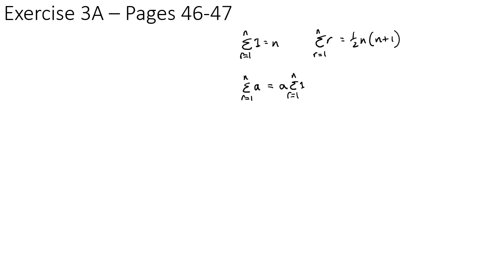And if I had the sum of r equals 1 to n of br, for example, then the b can go at the front. Then this bit here I can work out using the formula, and this bit here I can work out using the formula, and then it's just a matter of multiplying by a or b afterwards.